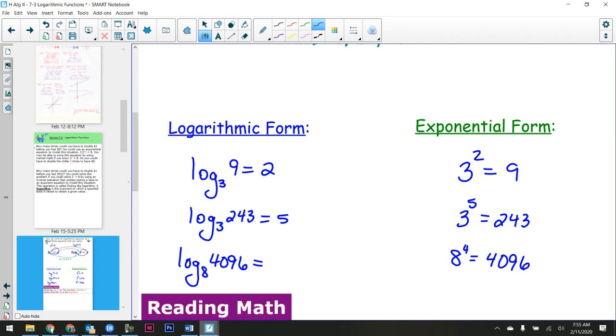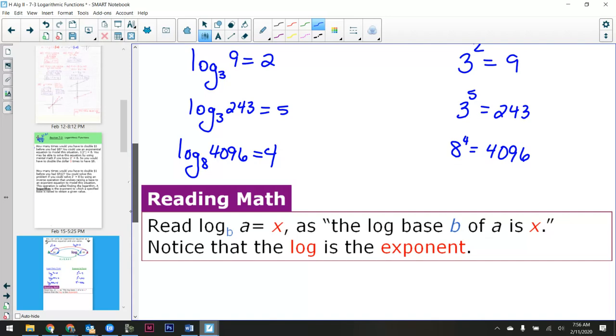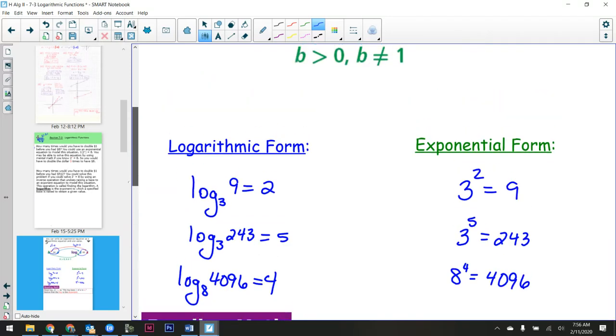Think about how base 8 grows really, really quickly. I only need a 4 over here to get all the way up to 4096. Base 8 is going to grow a lot quicker than base 3 or base 2. Yeah, we talked about that.